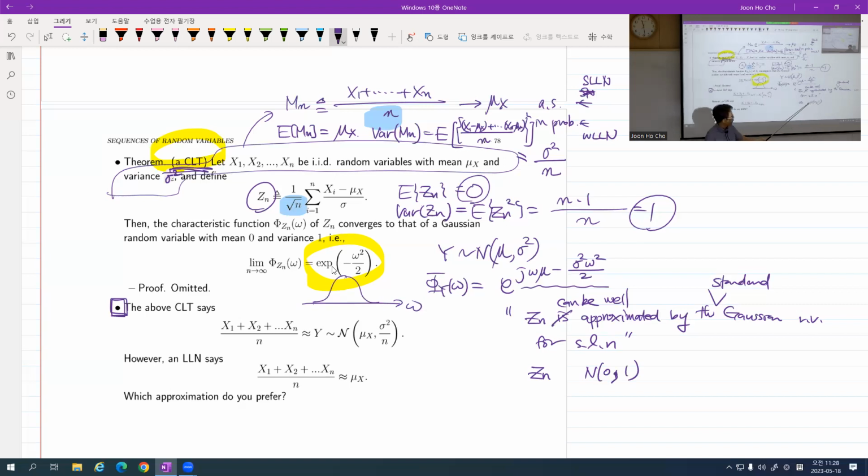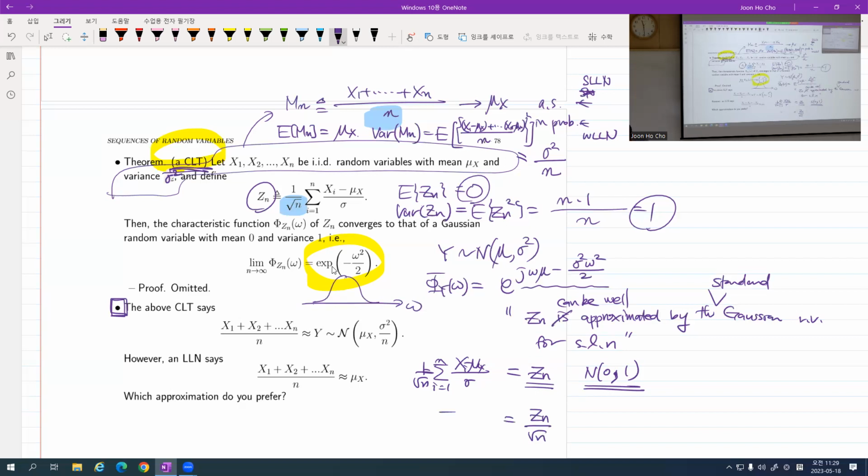Now, what was that? z sub n is sigma, x sub i minus mu divided by sigma, i from 1 to n, and you have square root n, right? So what you do is simple. This is similar to this random variable. Now, what happens if you multiply square root n to z?